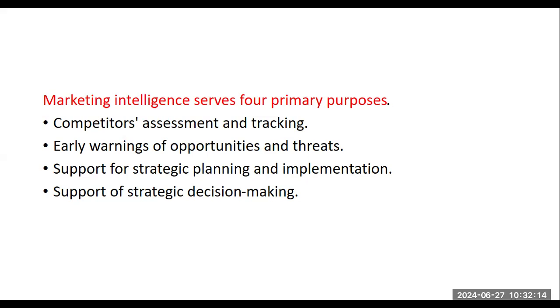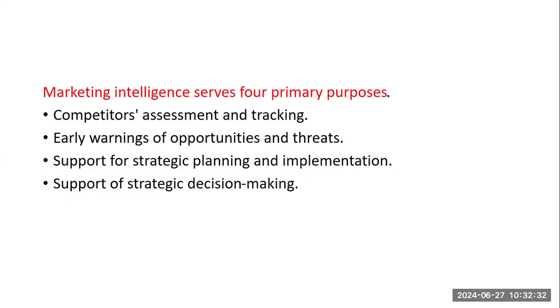Personalized recommendation we have already discussed, considering the individual preferences and then they try to provide the solution accordingly. And promotions to individual customers, enhancing the customer satisfaction and loyalty. So now you can understand these are the strategic purposes. Marketing intelligence serves four primary purposes, right?